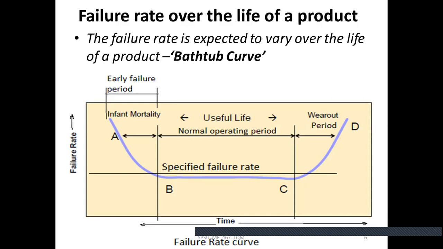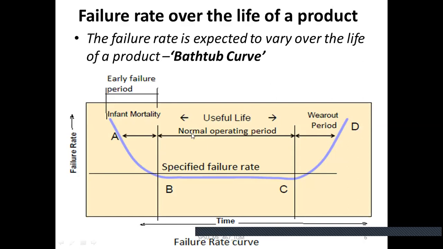When the failure rate, meaning number of failures per unit time, is plotted against a continuous time scale, the curve exhibits distinct zones. As you see in the curve, on the y-axis we take the failure rate, and on the x-axis we take time, and this is the curve.